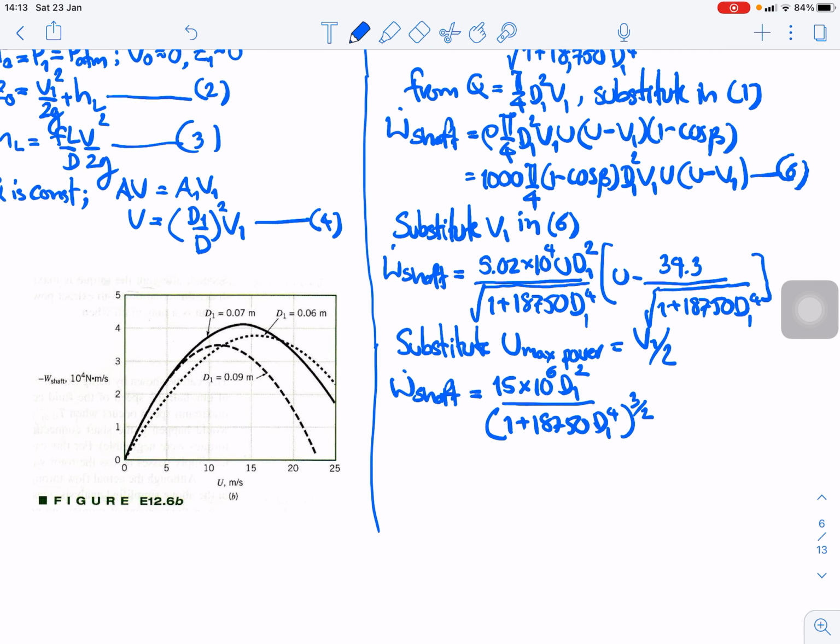So we have the power as a function of D, but the maximum power we have to find by differentiating the power with respect to the diameter D1 equal to 0, so we can estimate the maximum power.